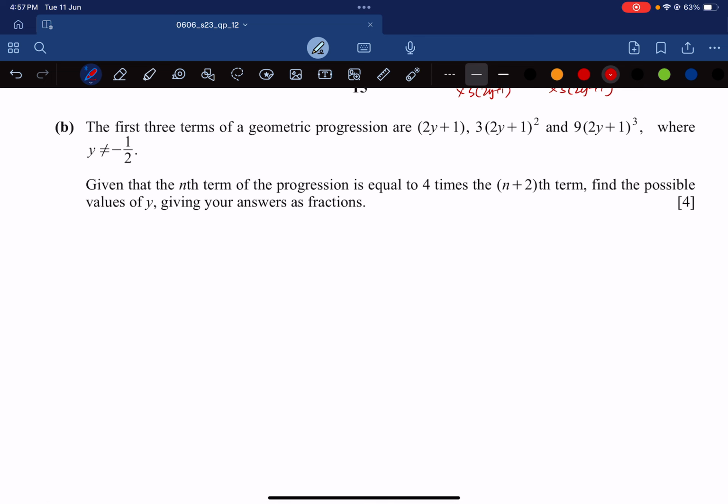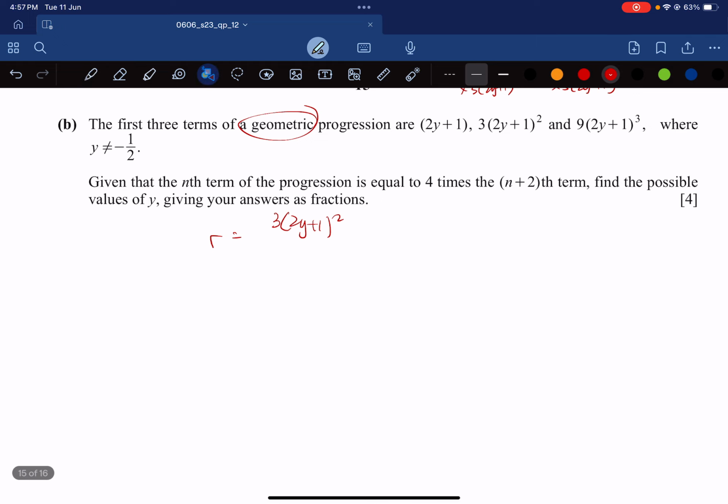The first 3 terms of a geometric progression, so we have a common ratio, which is the second term divided by the first term, which is like this.